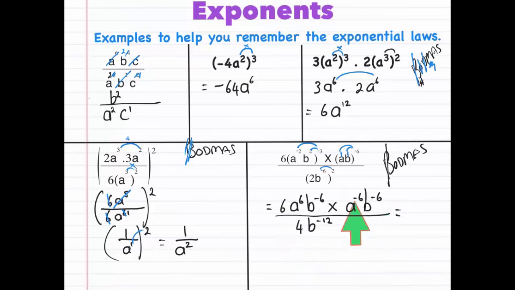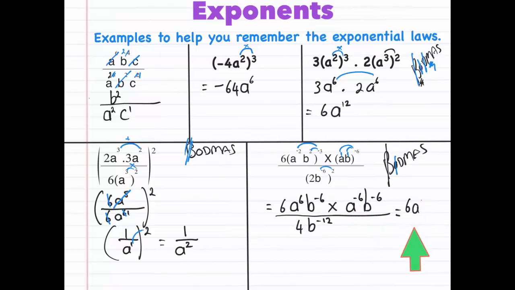At the top, we've got multiplication because we've done the powers. Now, we don't want to divide yet because I still can multiply the things here in the numerator. Remember, simplify your numerators and denominators as far as possible. So 6 times 1, it stays a 6. And then a's with a's. A and a, write the a. 6 plus minus 6 is a to the power of 0.